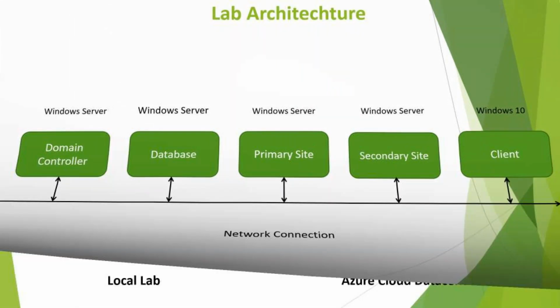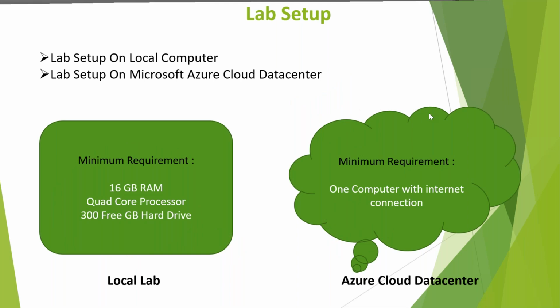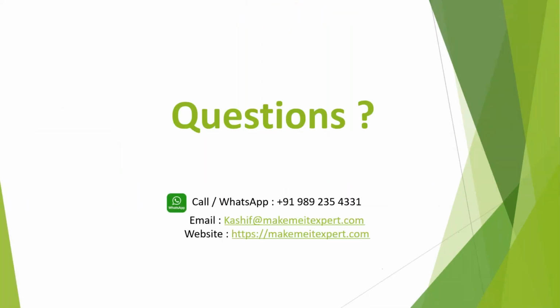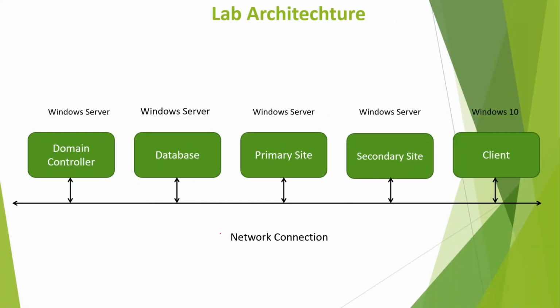But before I do that, let me give you the details about the architecture. So our lab architecture will be like this. We will create a network connection, and then on that network, we will have multiple computers.